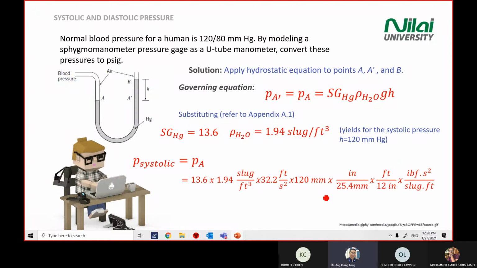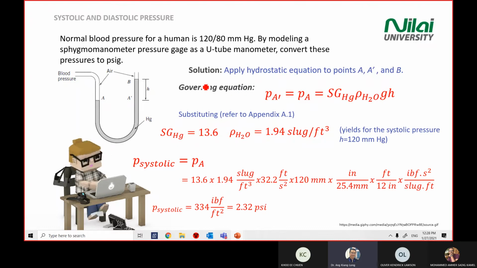We already showed you in the previous lecture how you convert all this. At the end, you will get your P at a height of 120 mm mercury, or in medical terms, the systolic pressure, equal to 2.32 psi.